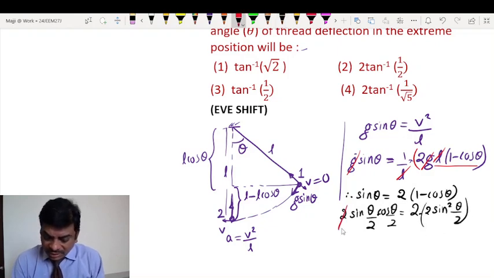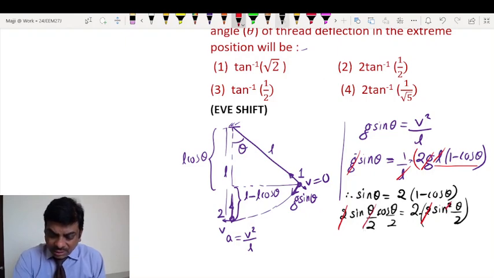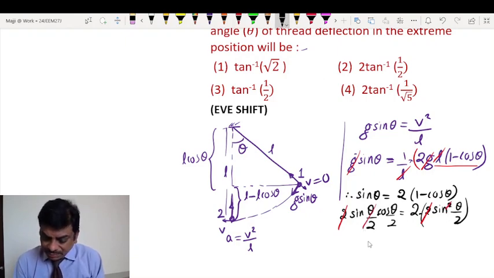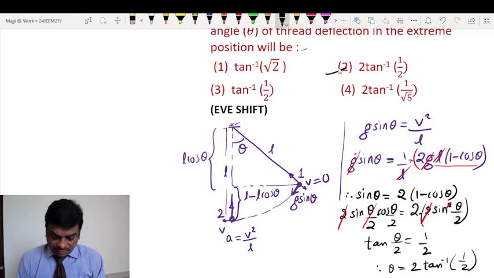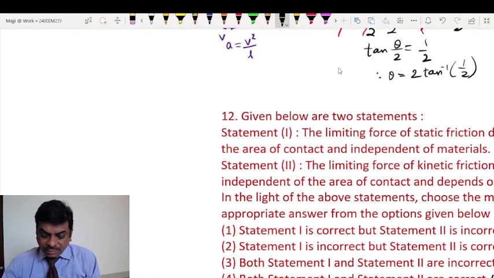So 2 gets cancelled here. Even one sine theta by 2 gets cancelled here. So we are left with tan theta by 2 is equal to half. Therefore theta is equal to 2 tan inverse of half. So this is the correct answer. Okay, students. Right. Then moving on to the next question.